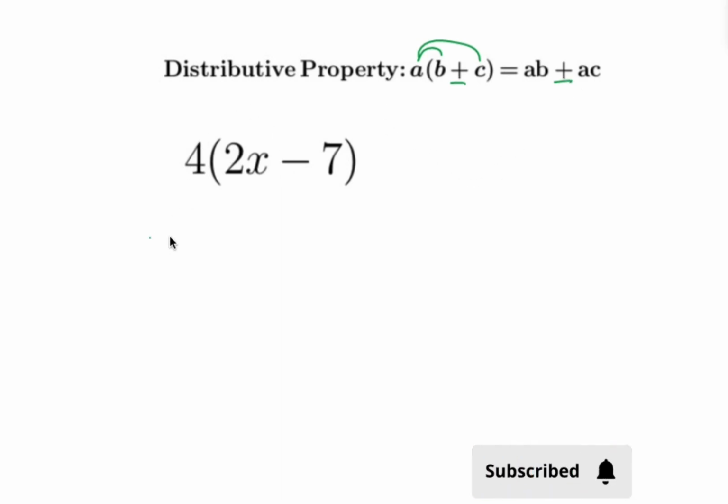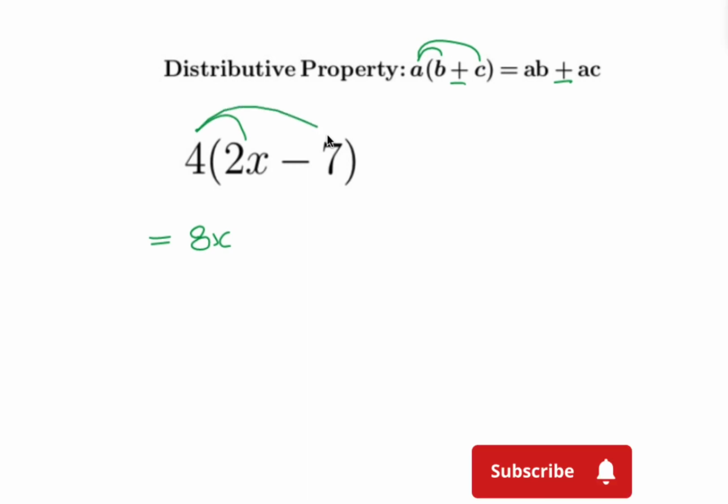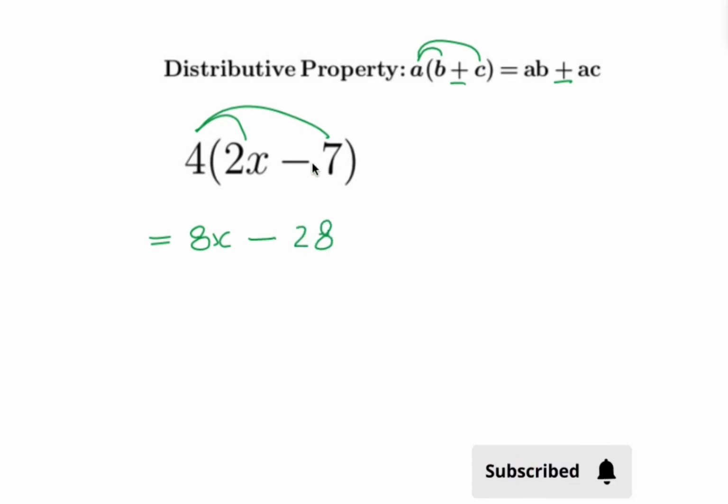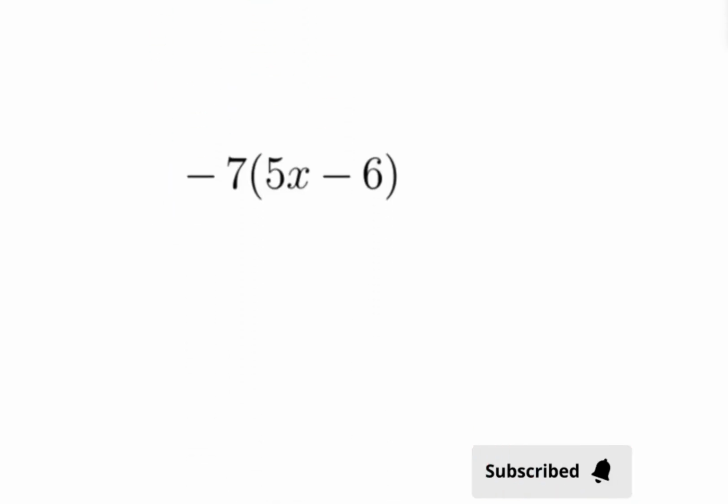So here 4 multiply with 2x is 8x, and 4 multiply with 7, 28. So here negative, that's why here negative 28. 4 multiply with -7 is -28. If you have good knowledge about integers, you can solve very easily.